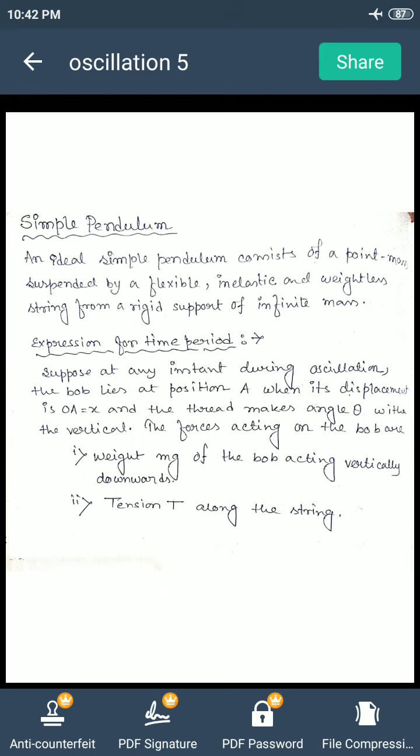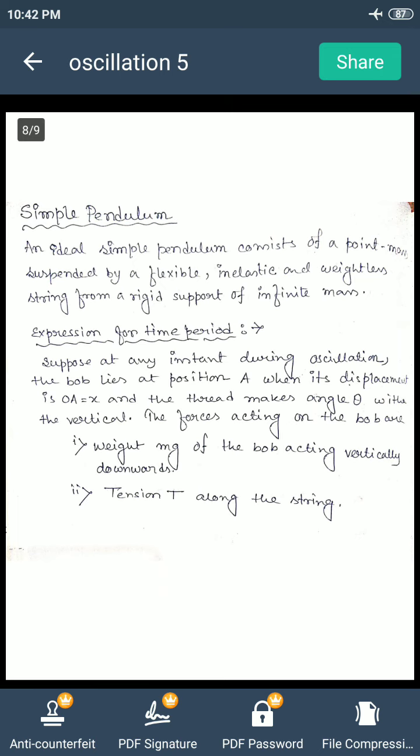But in practice, we can have neither a point mass nor a weightless string. In practice, a simple pendulum is obtained by suspending a small metal bob by a long and fine cotton thread from a rigid support. In practical class, we use these things: in place of a point mass, we use a small metal bob, connected with a long and fine cotton thread from a rigid support.